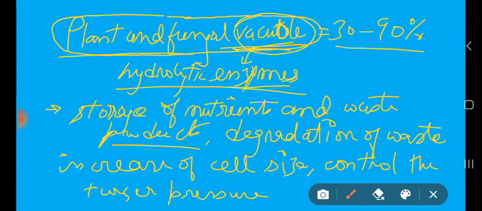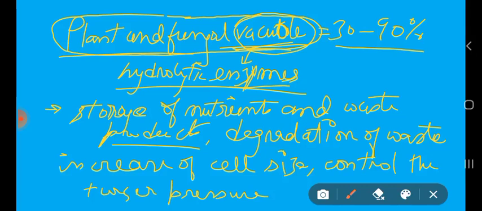Similarly, the turgor pressure, as I have said, is also maintained by these plant and fungal vacuoles, by transport of the sugars, by transport of the amino acids.